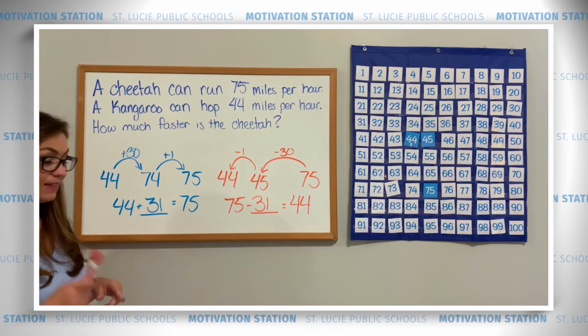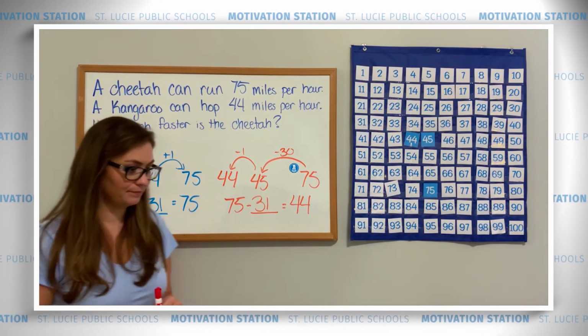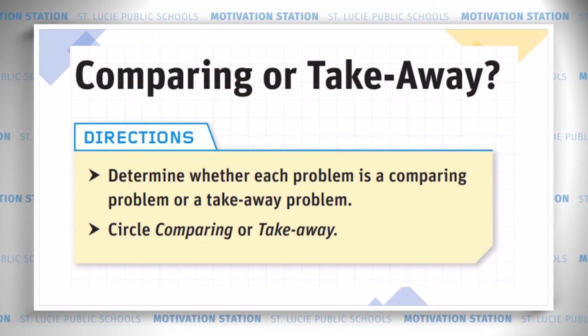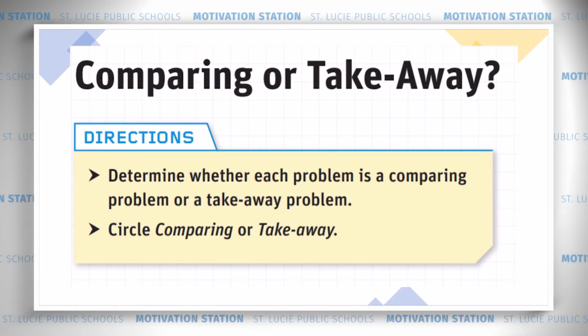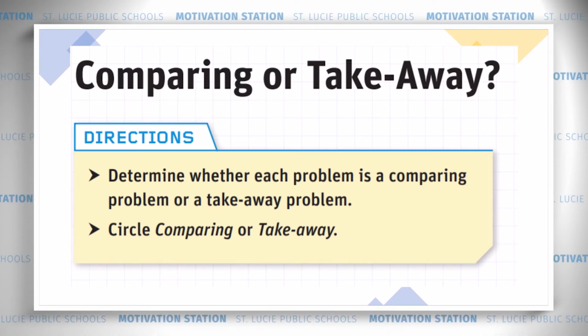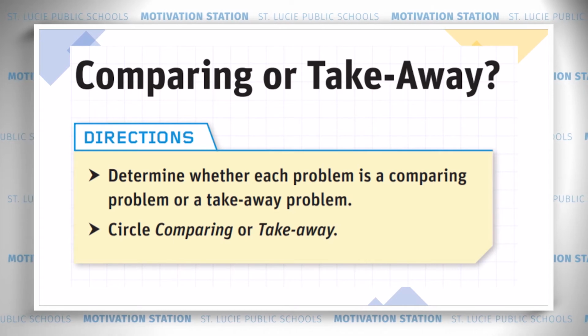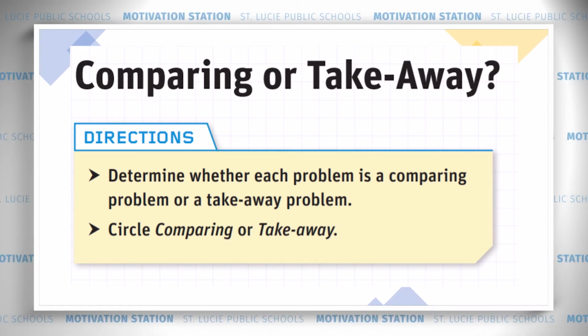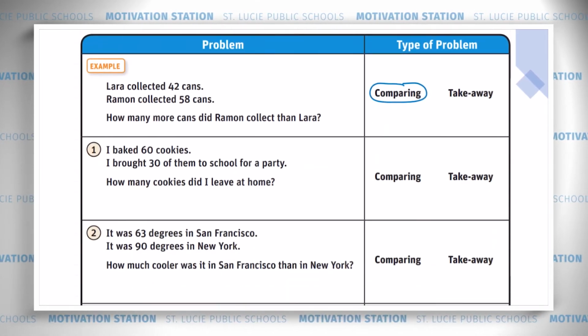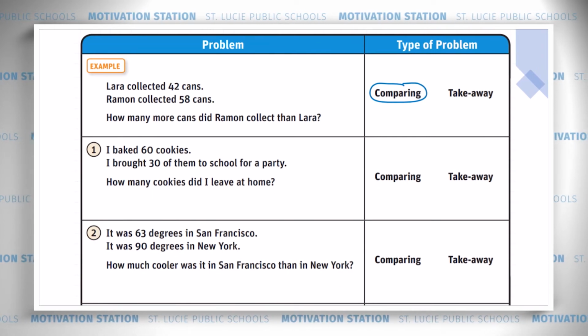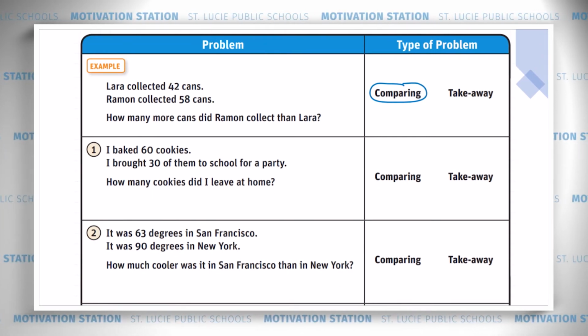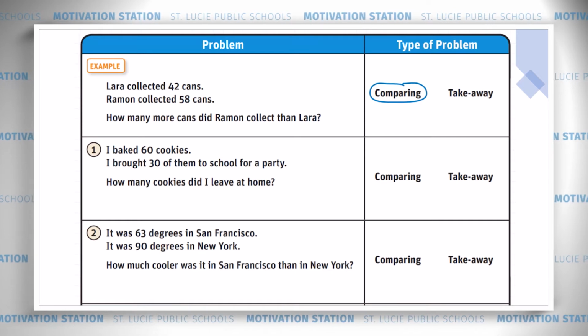Okay, let's go try some in your workspace book. Comparing or take away. The directions on this page say determine whether each problem is a comparing problem or a takeaway problem. Circle comparing or take away. The example problem on this page says, Laura collected 42 cans.